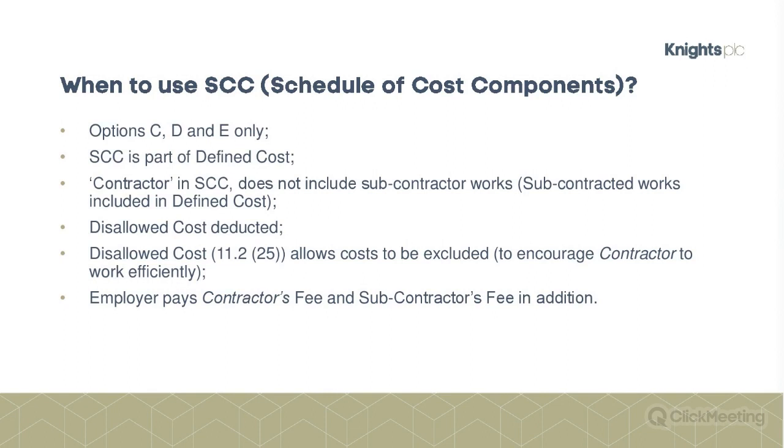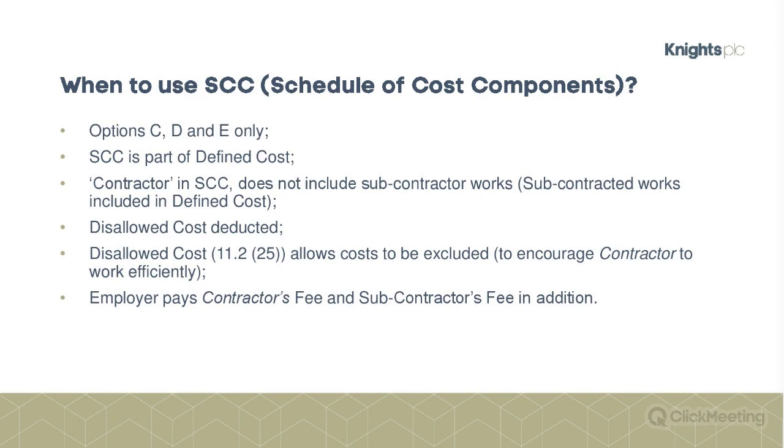So the schedule of cost components is part of the defined cost. So basically how I tend to look at this is it's your actual cost, the actual cost of your work, but always subject to the schedule of cost components. The contractor in the schedule of cost components doesn't include the subcontractor works.